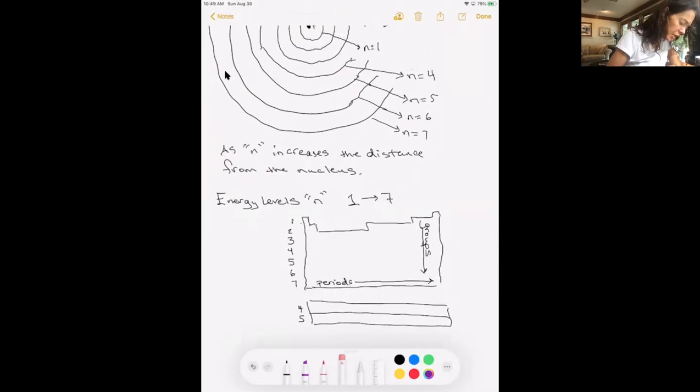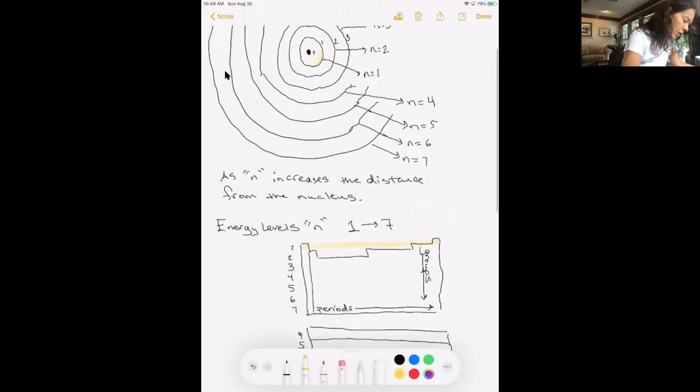You could envision these different streets going from left to right. Street 1 would relate to energy level 1, and this is important, which is why I'm not rushing through this video. Street 2 would relate to energy level 2, and street 3 would relate to energy level 3. I don't need to keep going because you should see what I'm talking about.